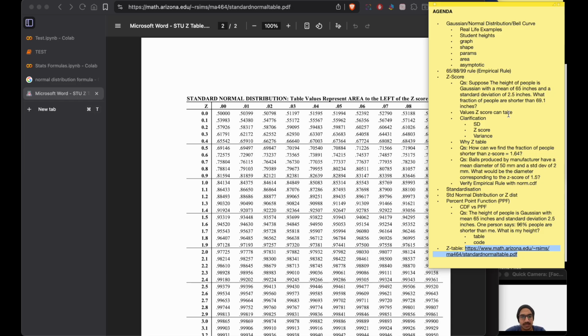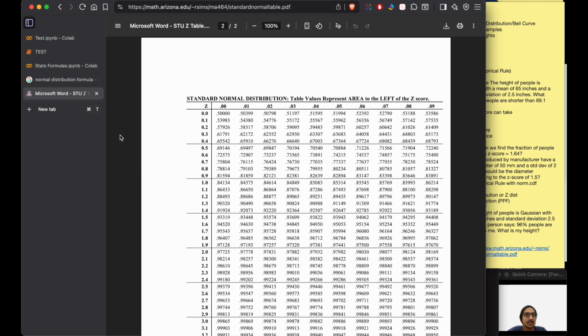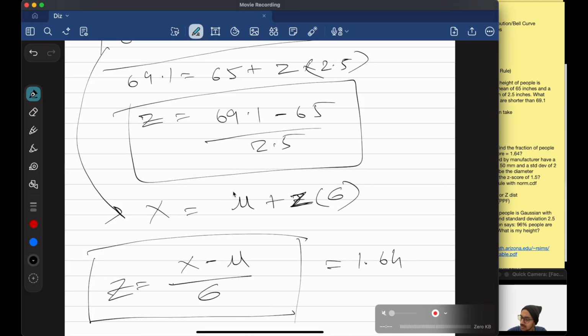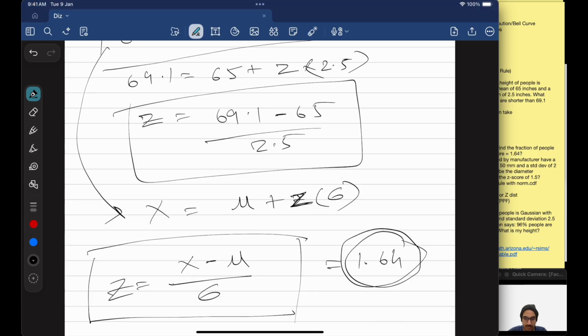Okay, so I guess I made a mistake. 1.64 is not the probability. 1.64 is the z-score. That's just the z-score. We'll find the probability using this z-score. Don't take this as probability. Obviously probability cannot be greater than 1. So we are finding out the probability using this z-score value.